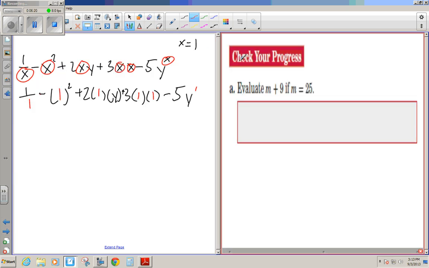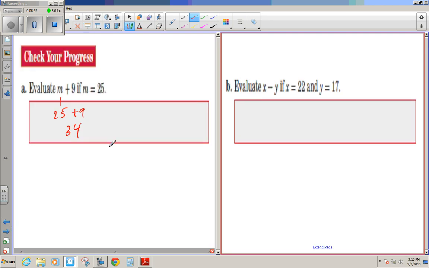All right, evaluate this. M plus 9, m is 25. So that means all m's should be 25. 25 plus 9, 34. Here's an x. That means that x right there should become 22.